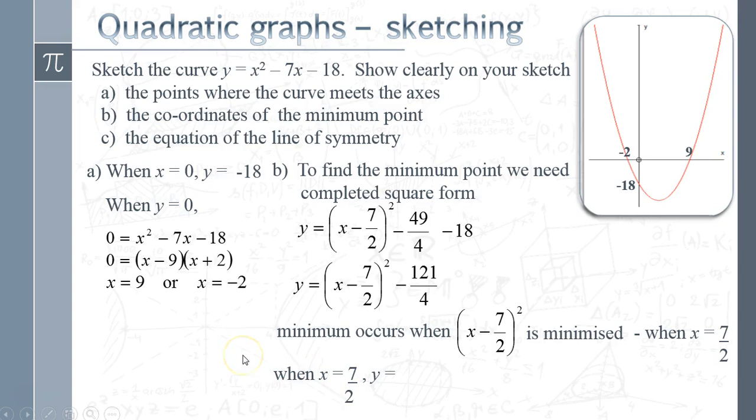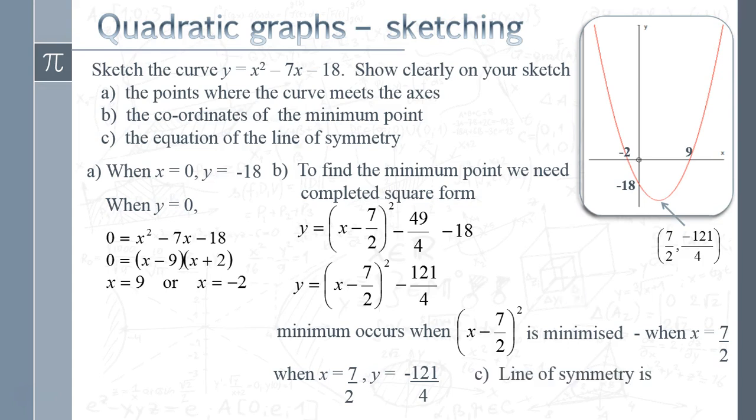So when x is 7 over 2, y has a value of minus 121 over 4. So our minimum point is there, and the coordinate is 7 over 2, minus 121 over 4. So that's part B sorted.